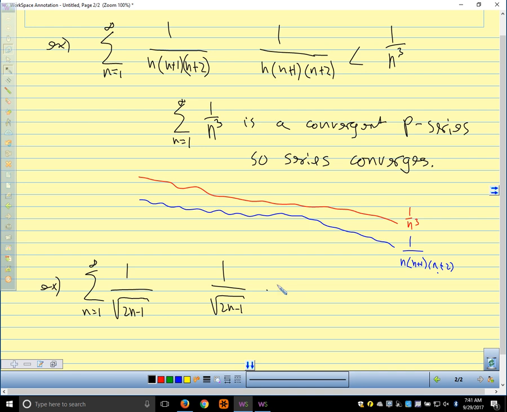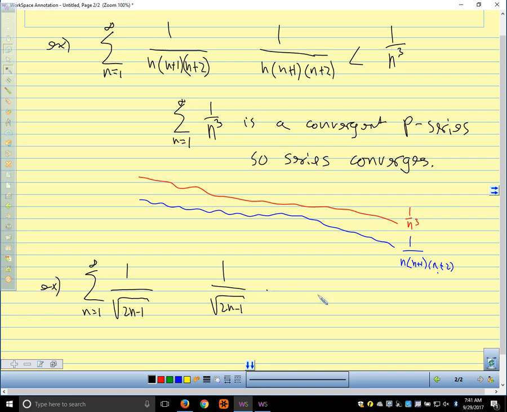We want the small denominator to make the term larger, right? So what are we going to compare this to?